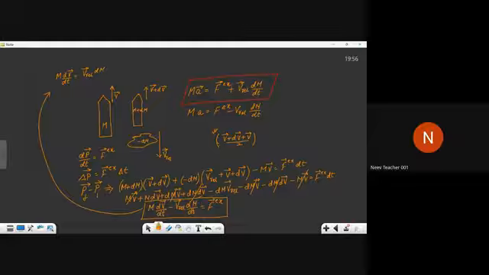Please do check the bar, and with the direction of the bar we change: m dv by dt is equal to minus v relative dm by dt.